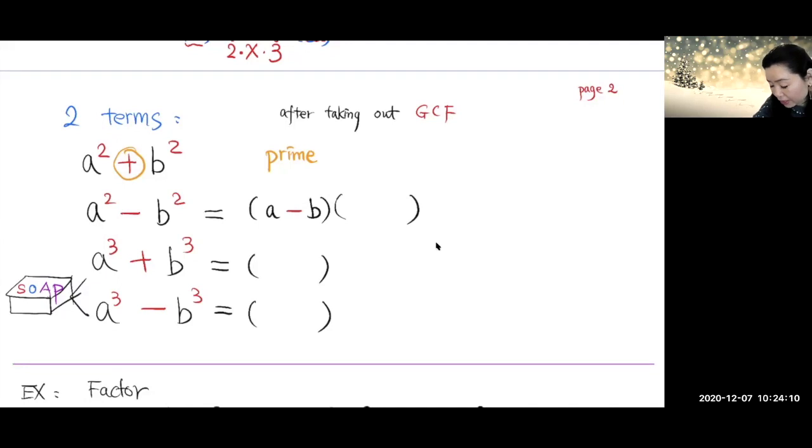So the first factor of all of them will have the same pattern. The second factor for the difference of 2 squares, you just change the difference into sum, so we'll have a plus b.